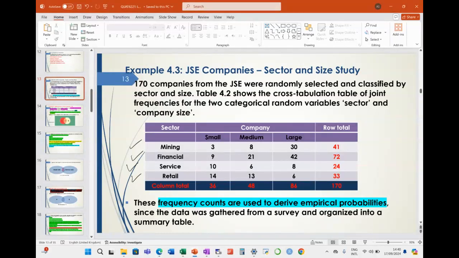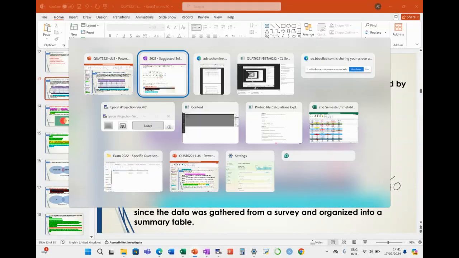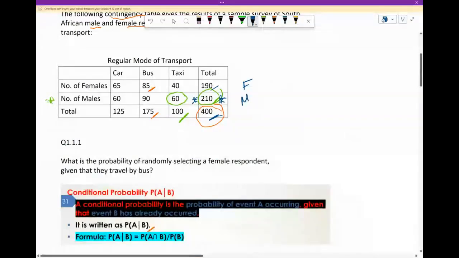So if we say what is the probability of not getting retail, we have to then add up all three of these, which is harder than just saying 1 minus 33 over 170. Can you see that? So yes, we can do it that way. It would also work. But traditionally, it would usually be easier to say 1 minus whatever you are assessing.